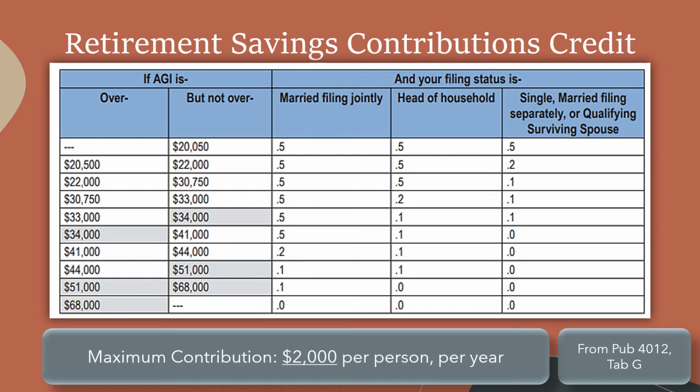So the 0.5 means 50% of what they put in they get back as a credit. And you can see as adjusted gross income increases, the credit slowly phases out, or quickly phases out, to where eventually our taxpayers can no longer claim it.